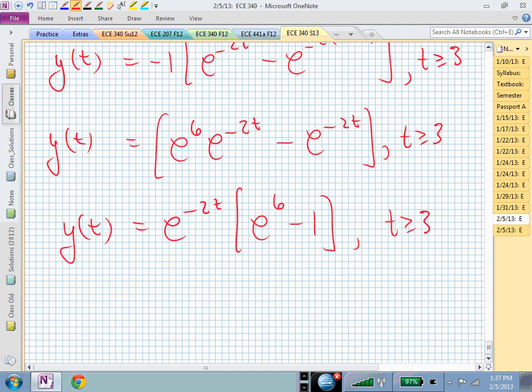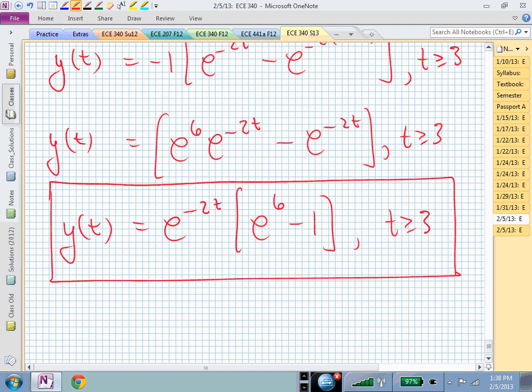But at 3, which is where this starts, it's already shrunk by e to the minus 6, isn't it? So we're starting at 3 at a value of e to the minus 6 times e to the 6, which is 1, minus e to the minus 6, which is where we left off in the other piece. And this is then the expression for the third case.